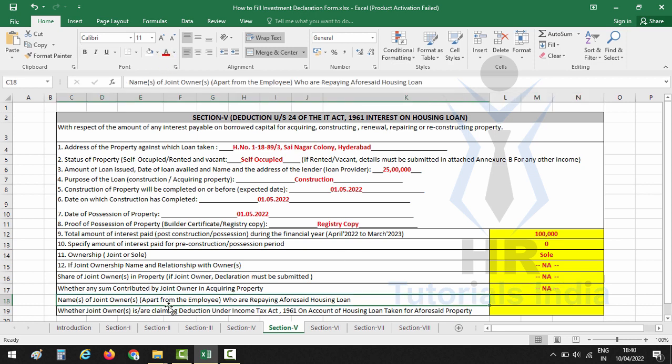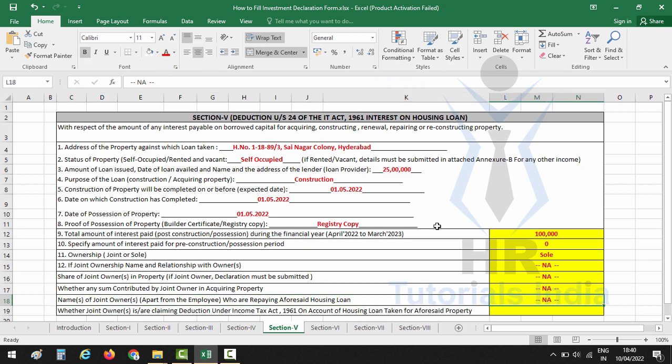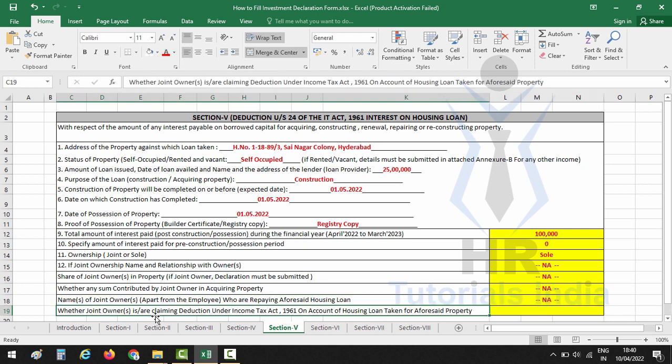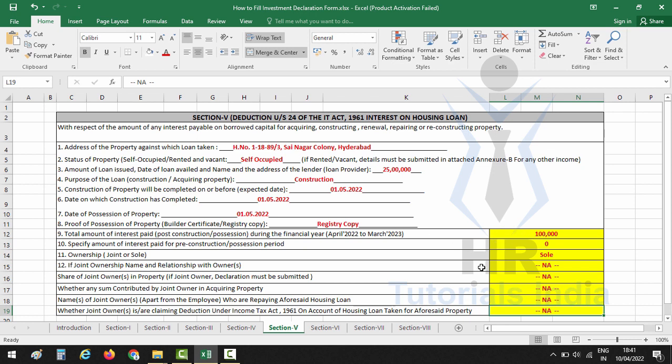Name of the joint owners apart from the employee who are repaying the aforesaid home loan, not applicable. Whether joint owners are claiming deduction under Income Tax Act 1961 on account of the housing loan taken for the aforesaid property, not applicable.